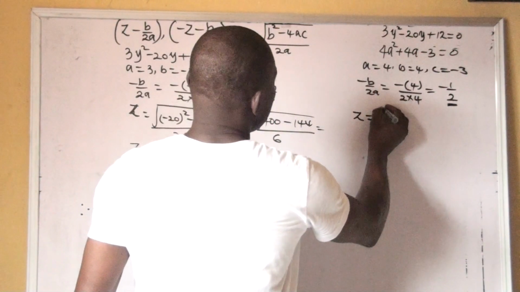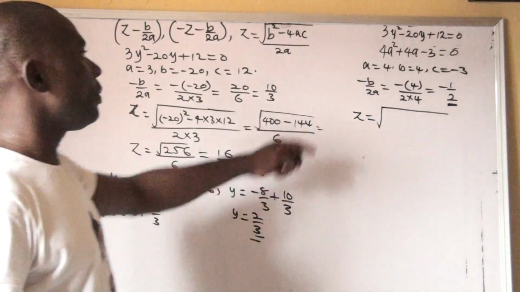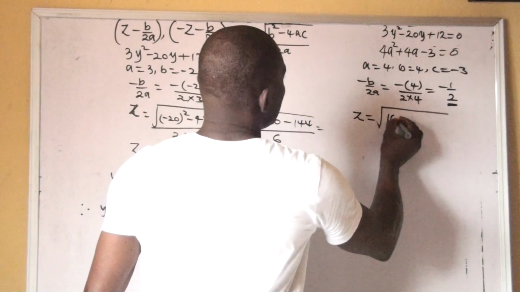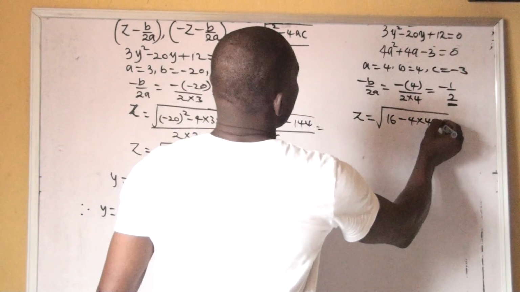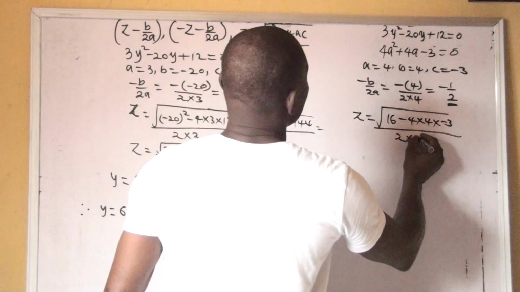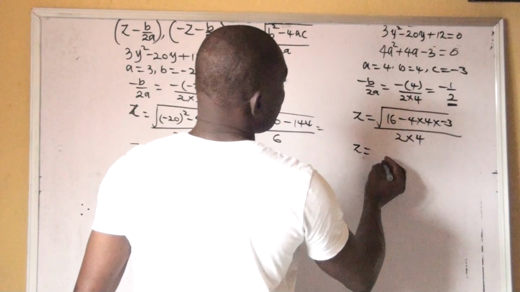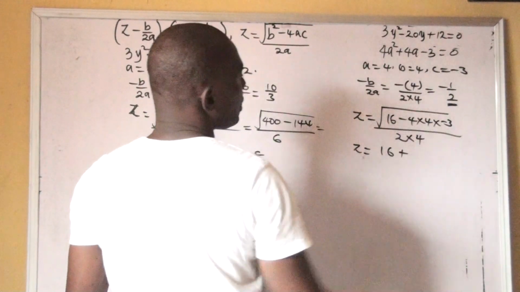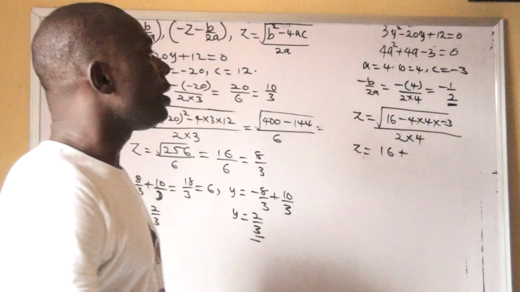We see z is the square root of b squared minus 4ac over 2a. b squared is 4 squared, which is 16, minus 4 times 4 times minus 3, all over 2 times 4. Minus times minus is plus, and 16 times 3 is 48.